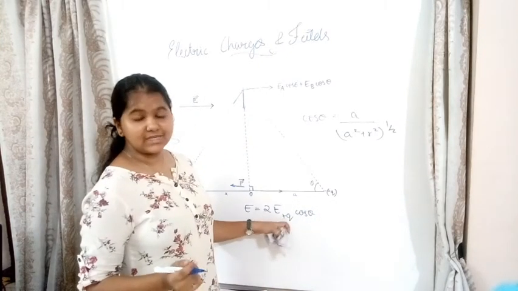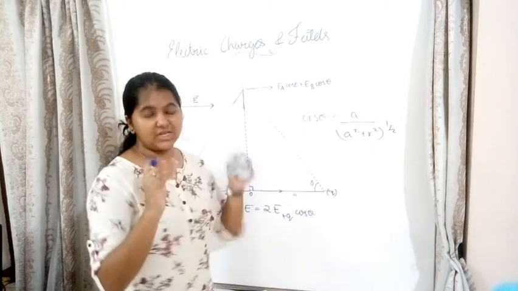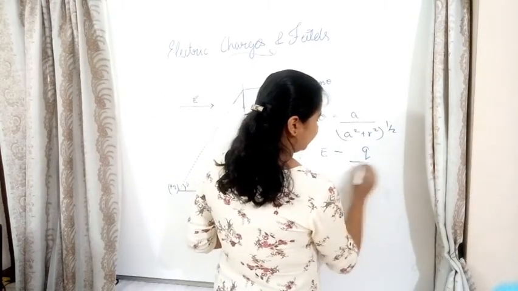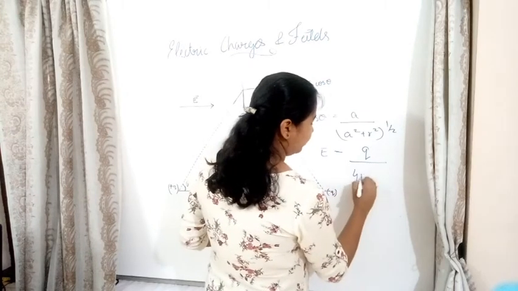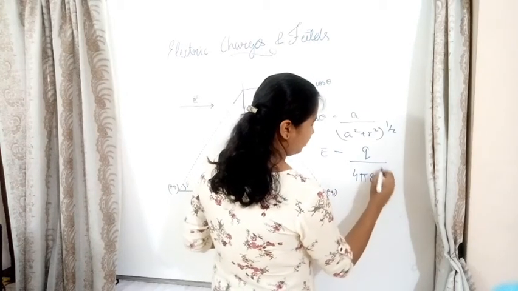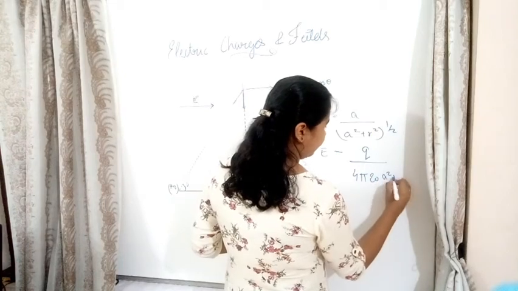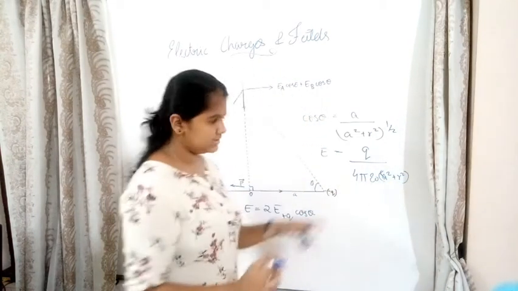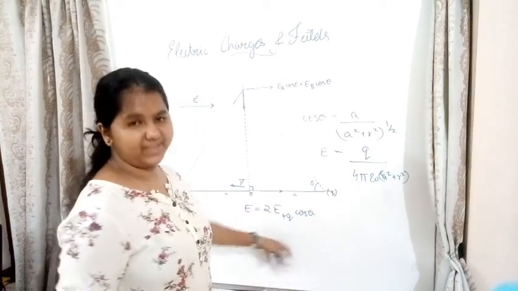Now we discussed what is E. E is equal to Q divided by 4 pi epsilon 0 into A square plus R square. Am I right? Yes. So now we'll substitute it over here.